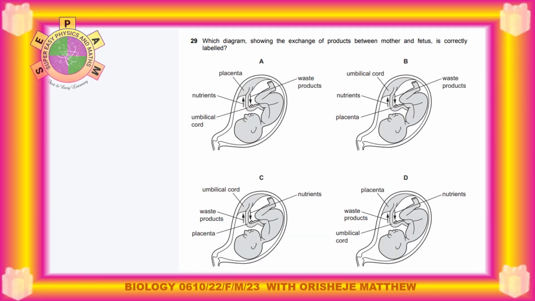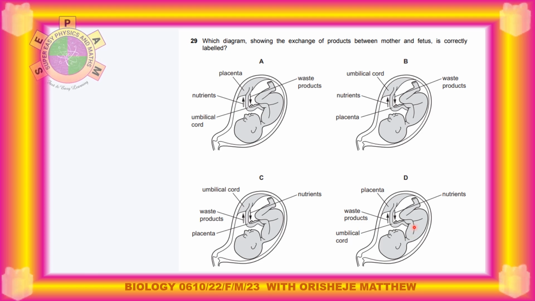Question 29. Which diagram shows the exchange of product between mother and fetus is correctly labeled? If we look at it, the fetus that is inside the womb is attached to the body of the mother through the placenta. So that one is probably labeled. And then the placenta is connected to the baby through the umbilical cord. That is properly labeled.